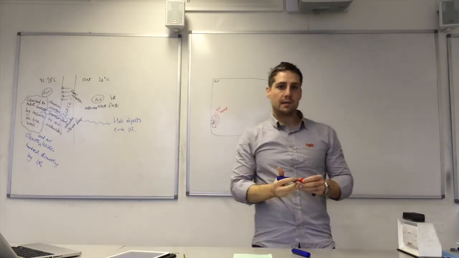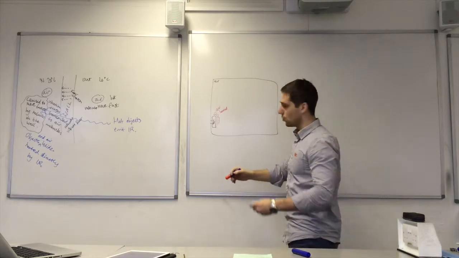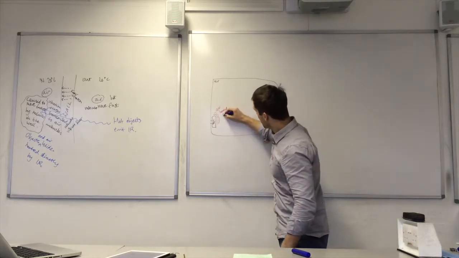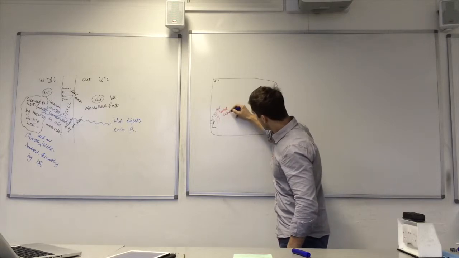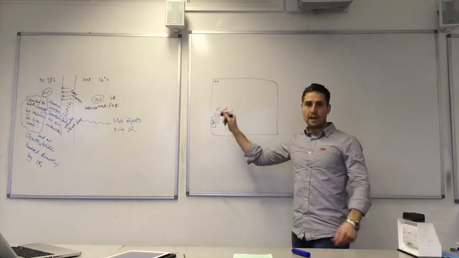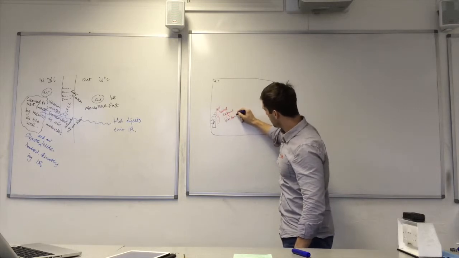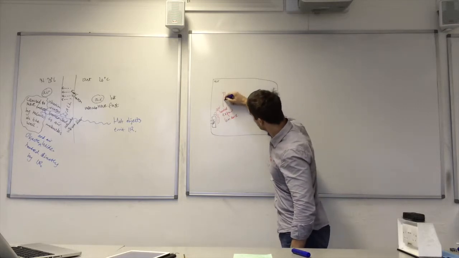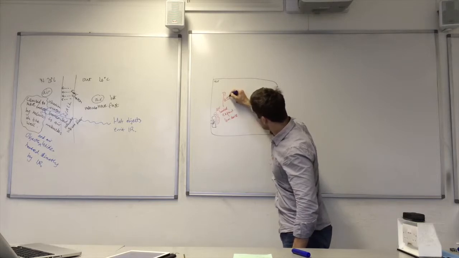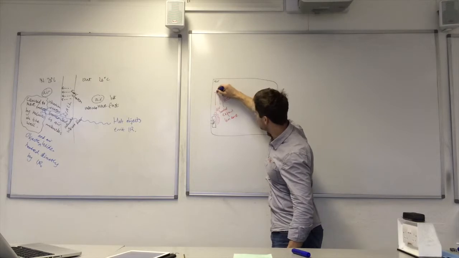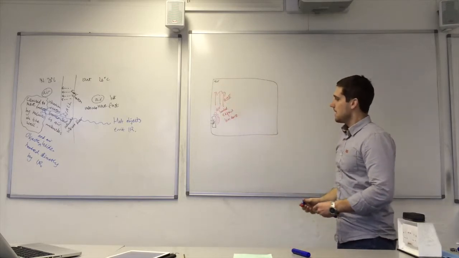Now, when gases or liquids get heated, they expand. And that makes them less dense, so they then will rise. Okay, so that heated air will rise up on this side of the room.